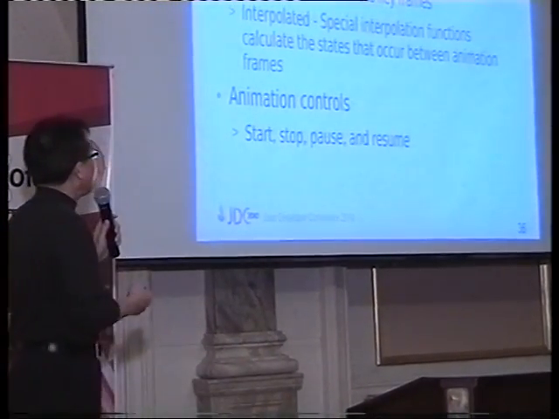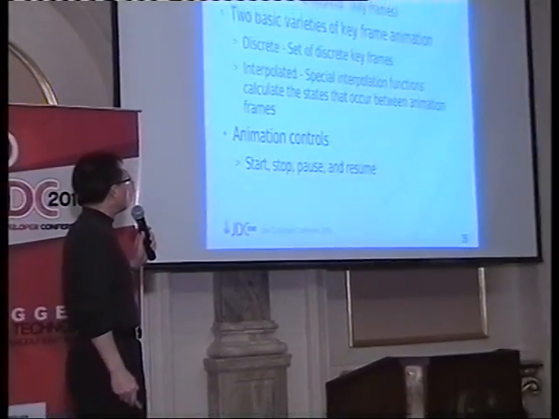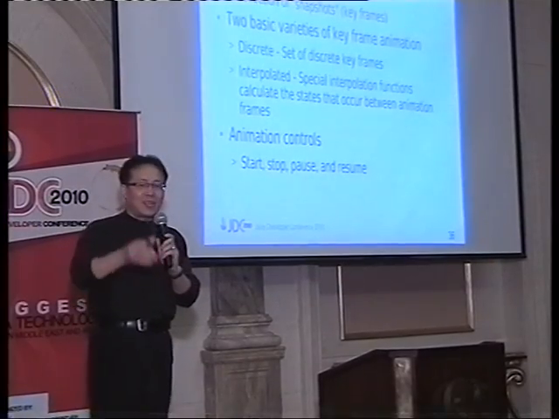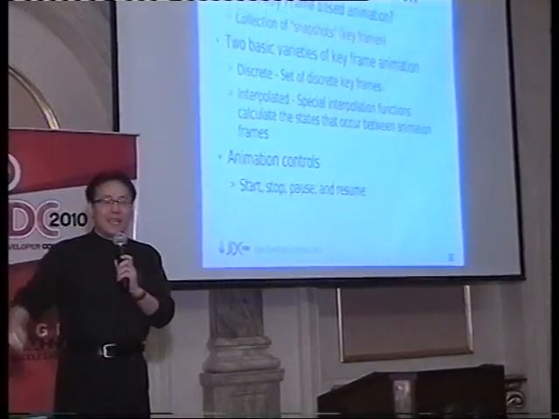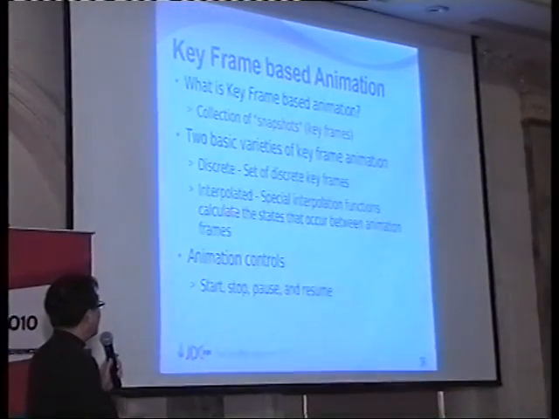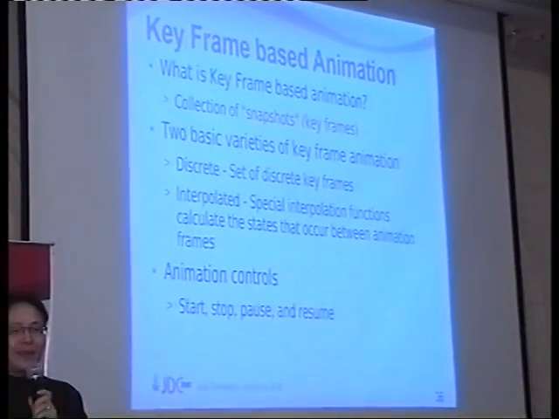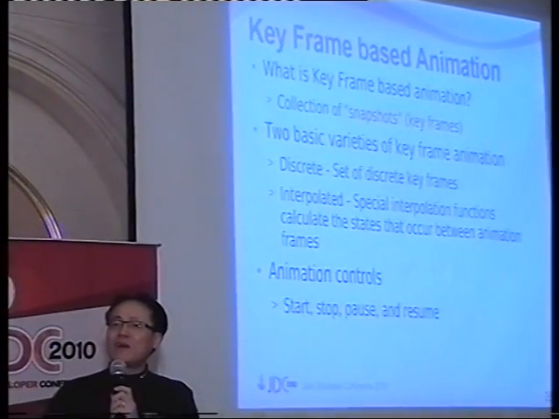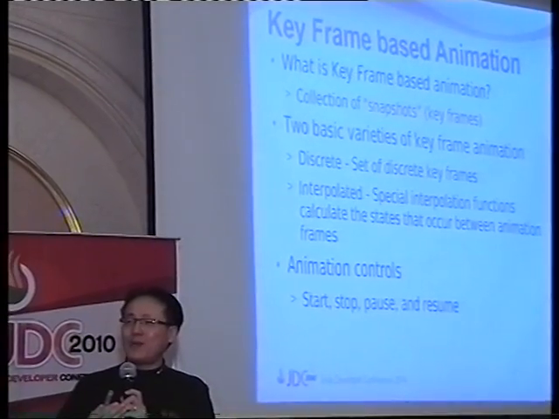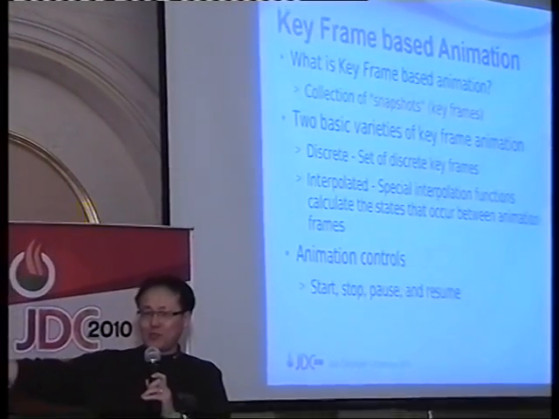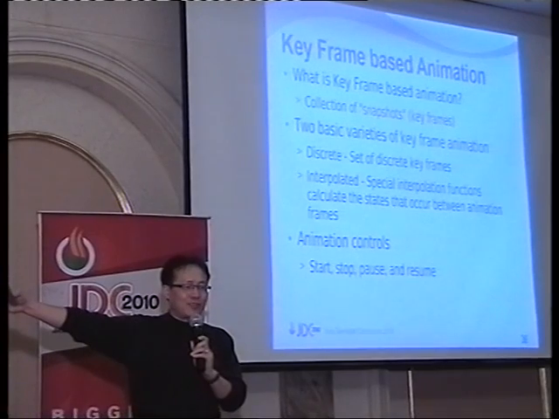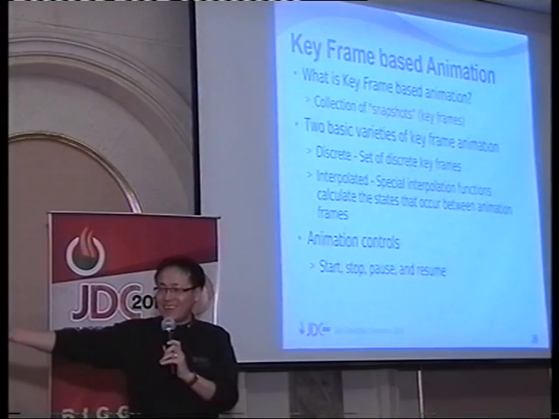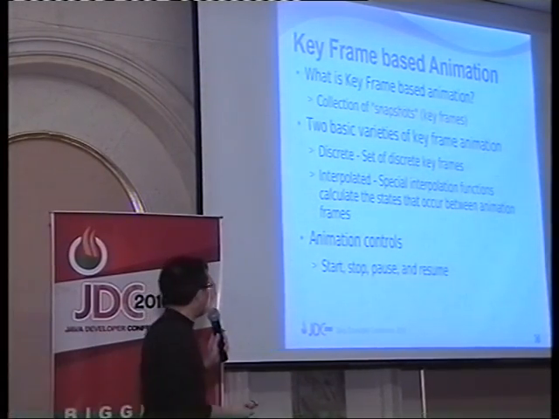Now, there are 2 different kinds of keyframe animation. One is discrete. Discrete is where you collect a set of particular time points. Instead, typically, you're going to use what is called interpolated. Interpolated is where you ask the JavaFX runtime to compute the value during the duration in linear fashion for you. So instead of discrete, it's going to be analog, all the values change.